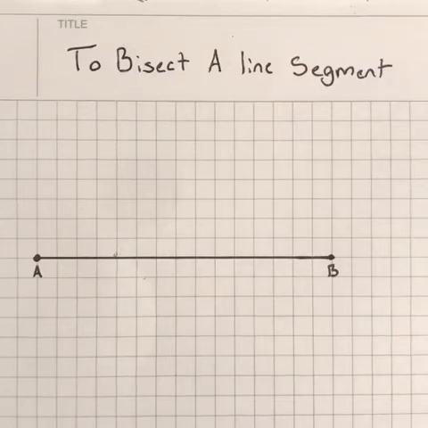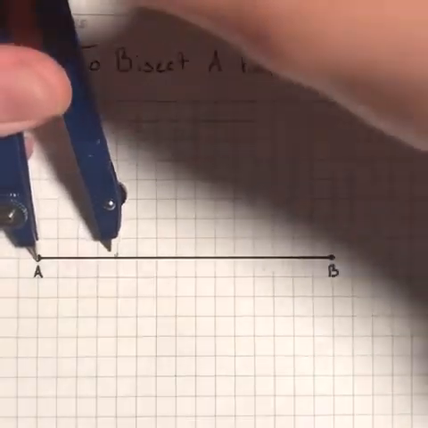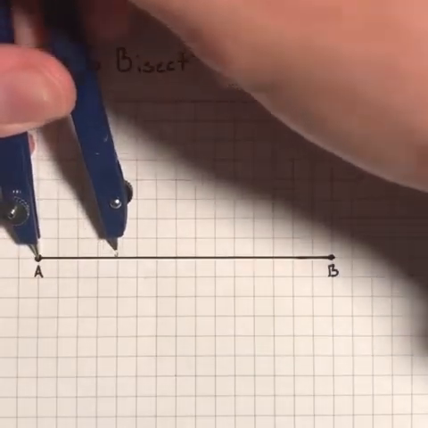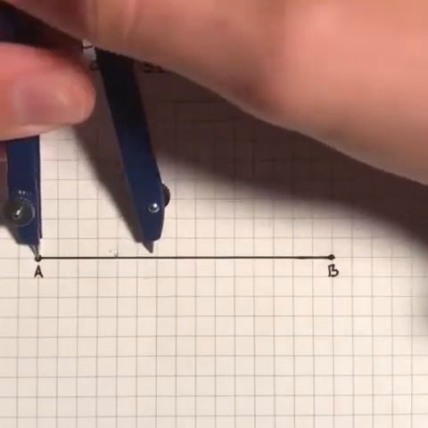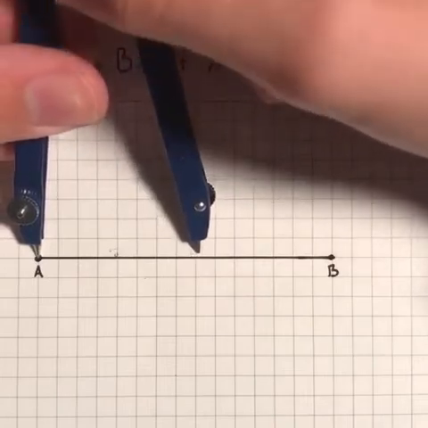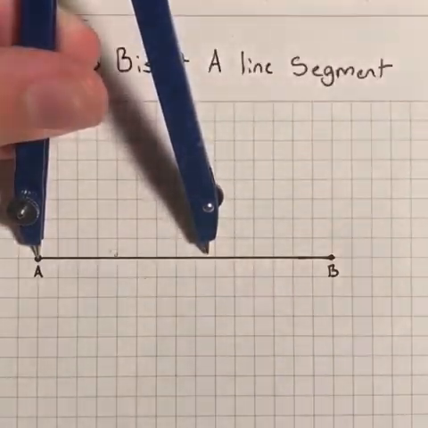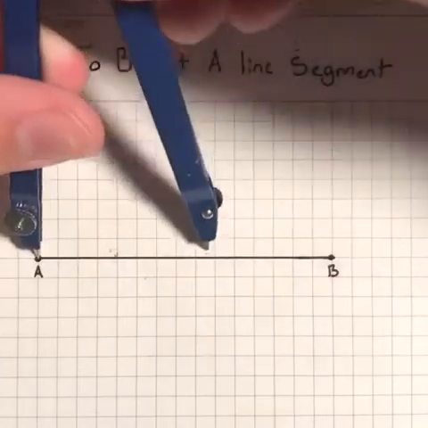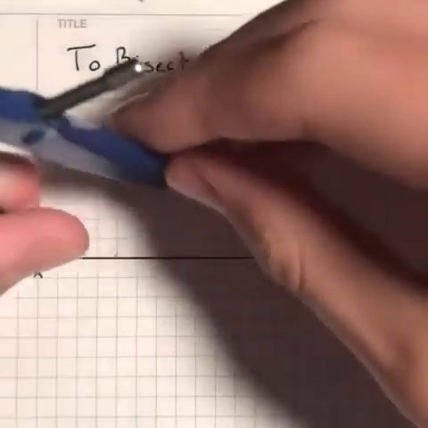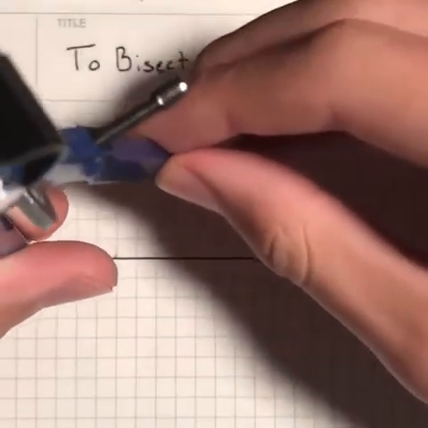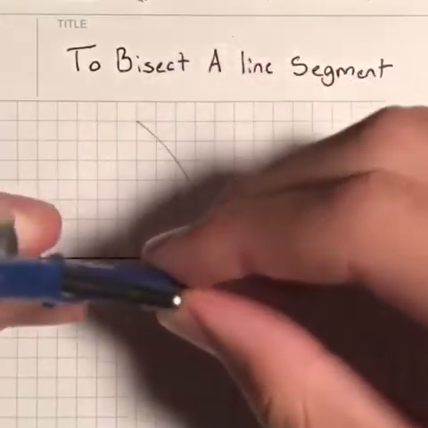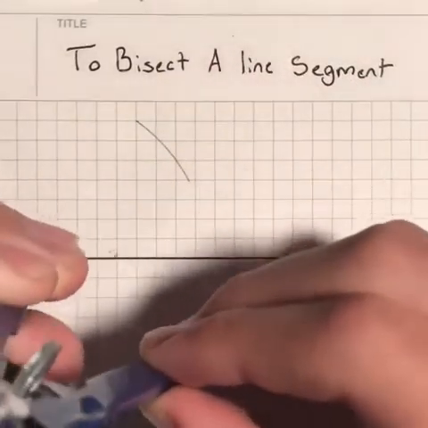To bisect a line segment, begin by centering your compass at an endpoint and adjusting it to measure larger than halfway. Now, draw 2 arcs above and below your line.